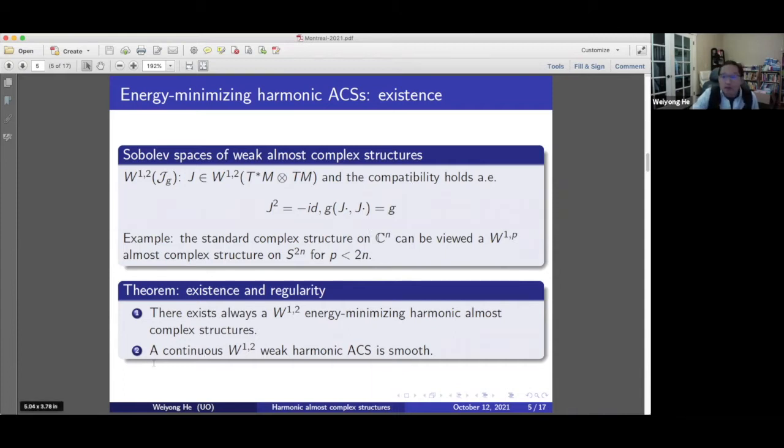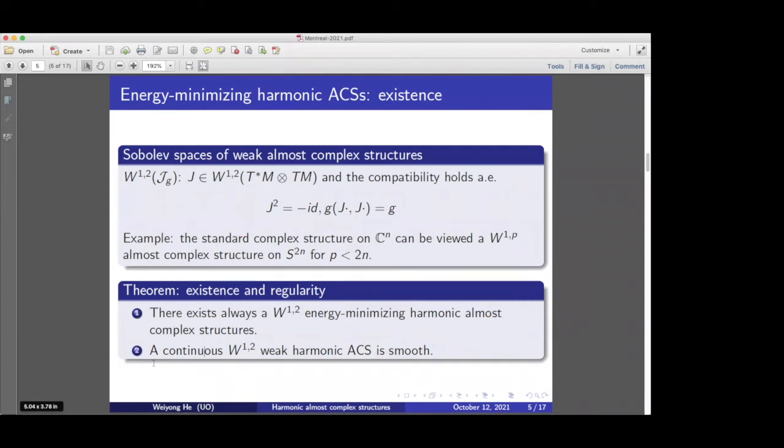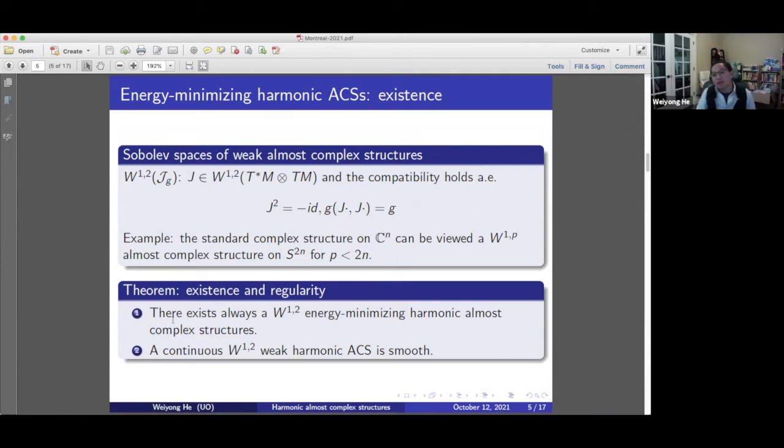Weiyong, can I ask a question? Yeah, sure. Along a minimizing sequence, or along the flow, is there any bubbling? Because you say it is always a W^{1,2} energy minimizer. Here, there's no bubbling, because we do not restrict to any homotopy class, so you just converge to an energy minimizing one.